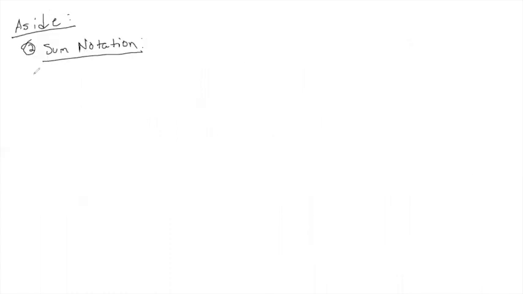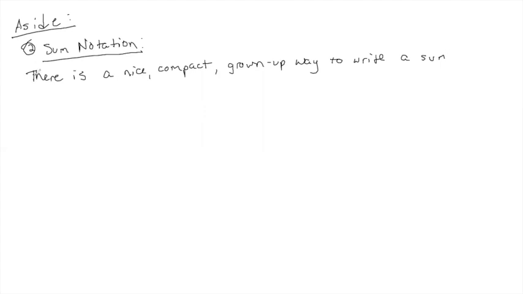So there is a nice, compact, grown-up way to write a sum like f of 0 times 1 plus f of 1 times 1 plus dot, dot, dot, plus f of 9 times 1.